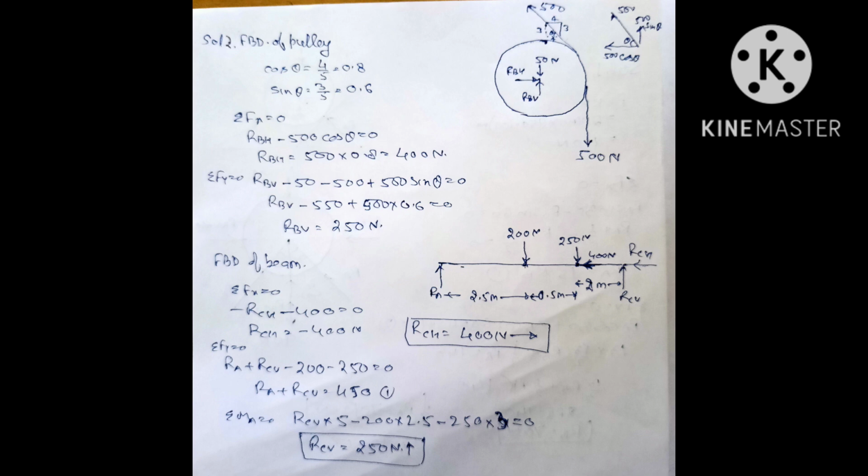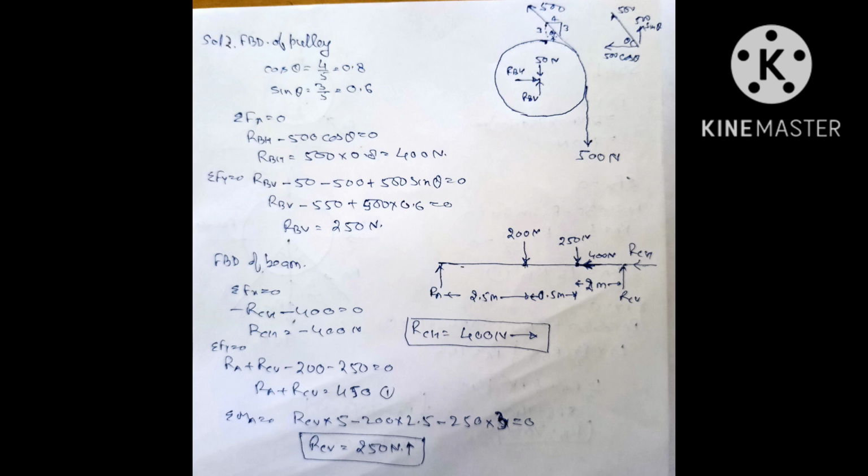So in the upward direction also we will have the 500 Newton force, but it will be inclined. So if we assume the horizontal angle theta, then we can calculate the value of theta. Cos theta equal to 4 by 5 and sin theta equal to 3 by 5.